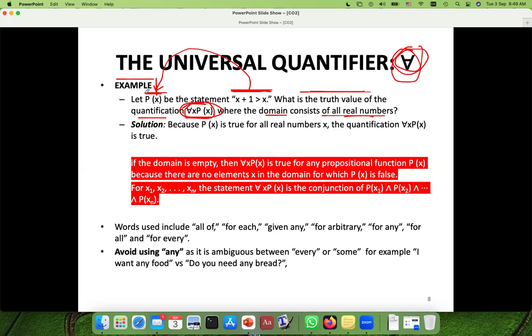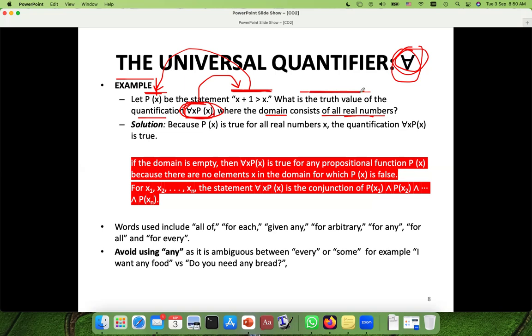I am representing that predicate with P, and the variable with x. We have to find the value of this. If for all values of x, P(x) is true, then I can say this statement would be true.